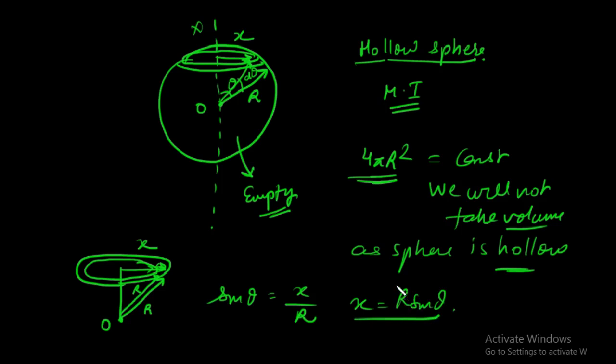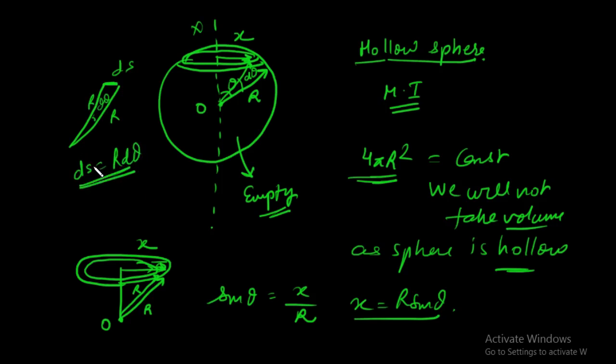Now what would be the differential length of the ring? This elemental length, the center is making an angle d theta with respect to this elemental length. Suppose this is ds and this is an arc, and this is d theta. As I already told you in my previous videos, ds is equal to r d theta, for an arc.